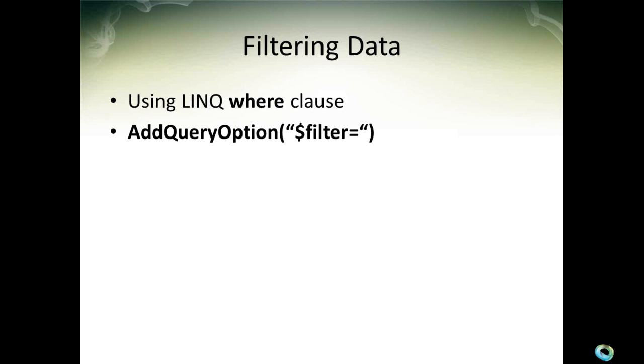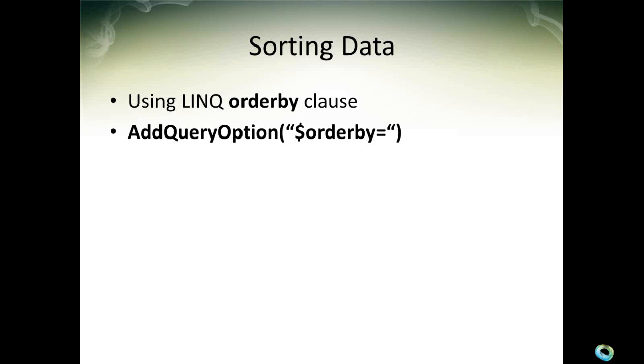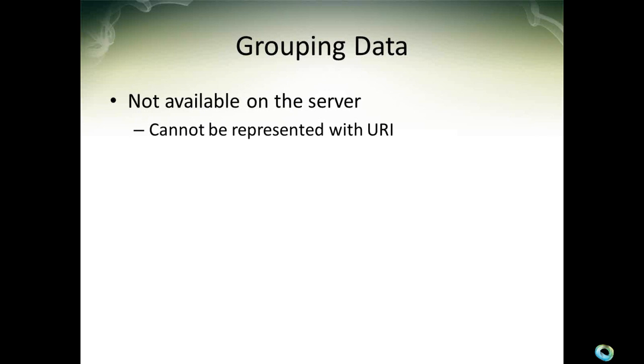Okay, we can filter data by using the where clause in LINQ, or by using the filter option in the URI. You can sort data by using the orderby clause, or by specifying the orderby option in the URI. One of the things that is missing in WCF Data Services, or actually it's missing in the Open Data Protocol, is grouping. Currently, there is no way to group data on the server.